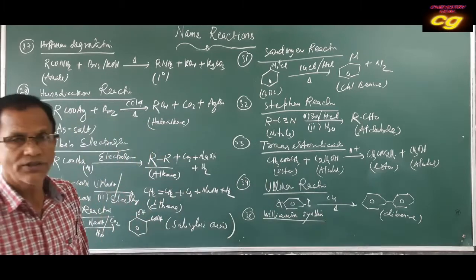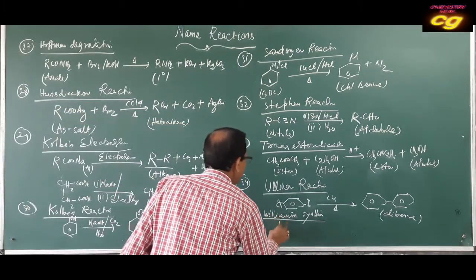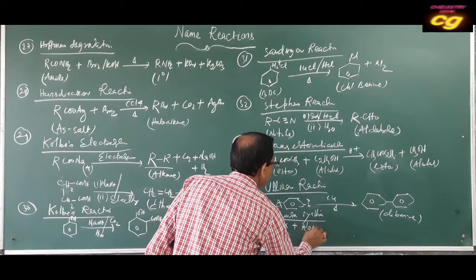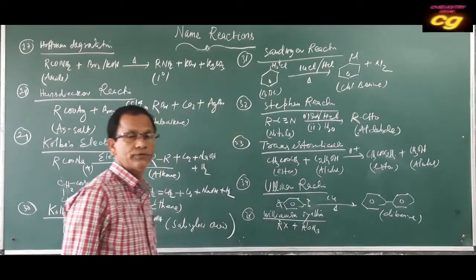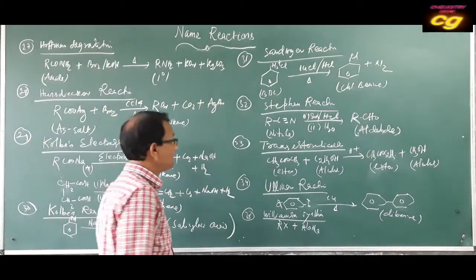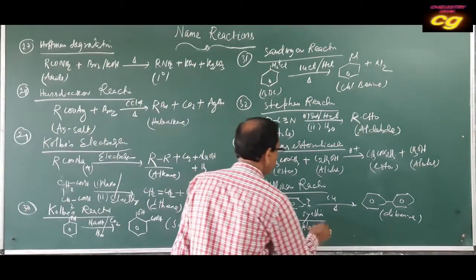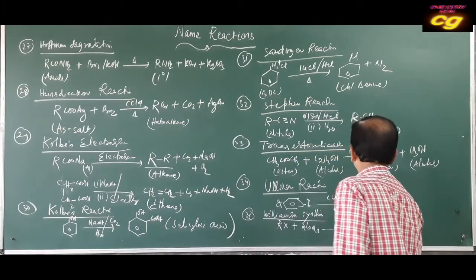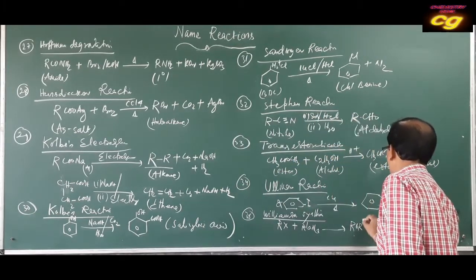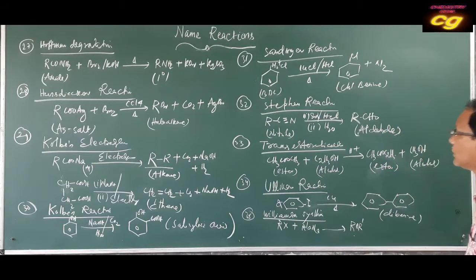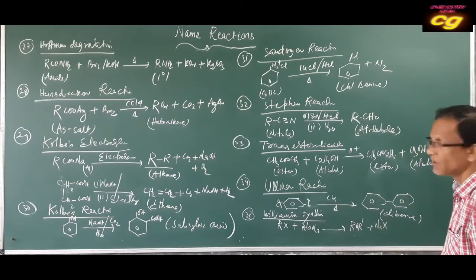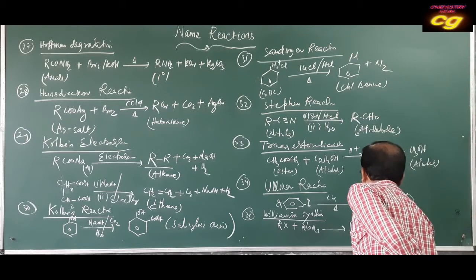In Williamson synthesis, what happens? If you take any haloalkane and treat it with the sodium salt, sodium alkoxide, that is R-ONa, the product is R-O-R plus NaX. The product is ether.